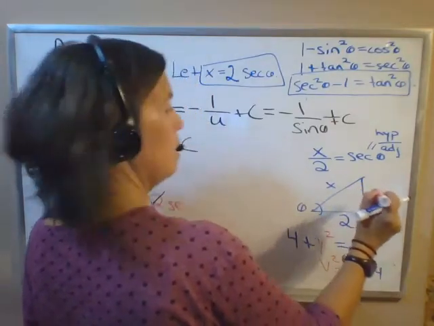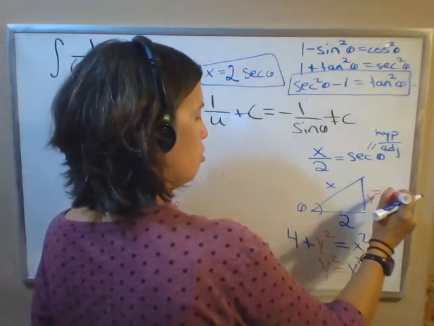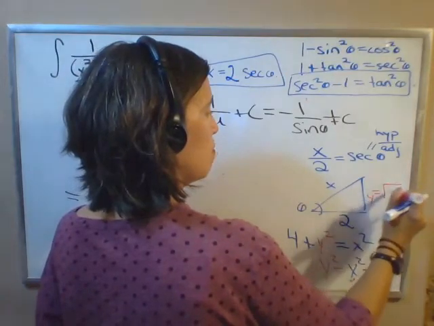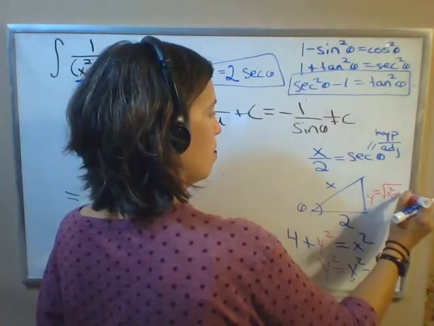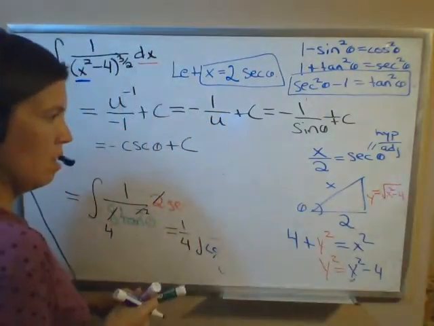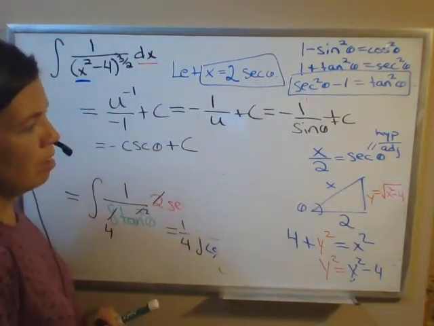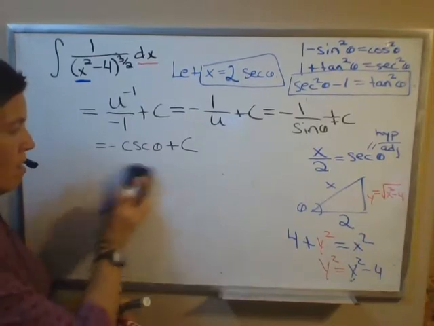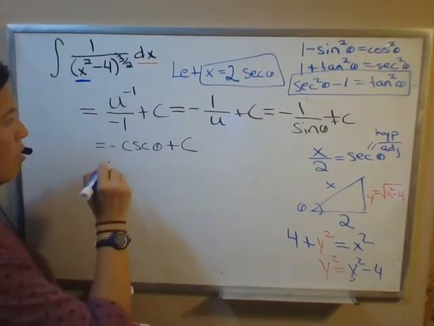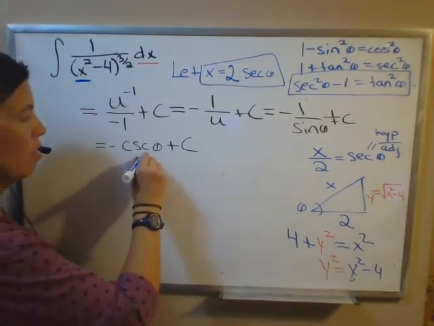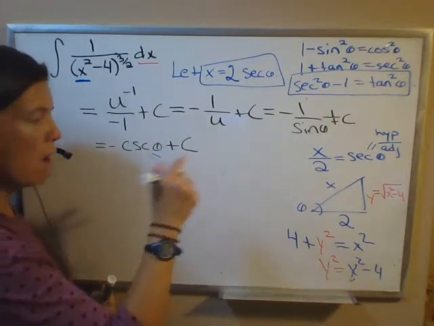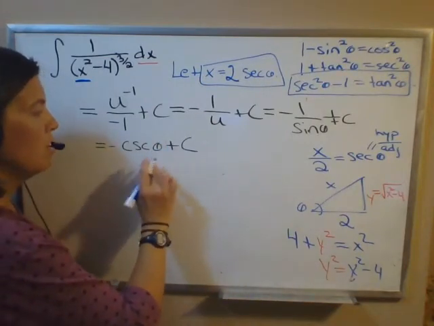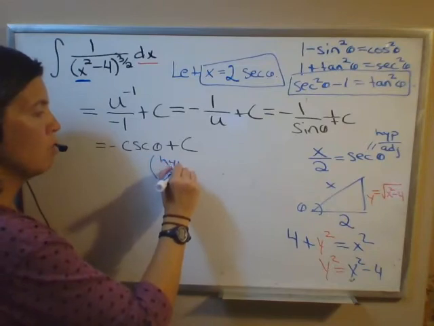And so this y right here is equal to the square root of x squared minus 4. Then cosecant theta is the reciprocal of sine. Sine is opposite over hypotenuse, so cosecant is hypotenuse over opposite.